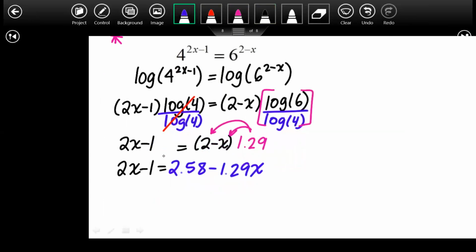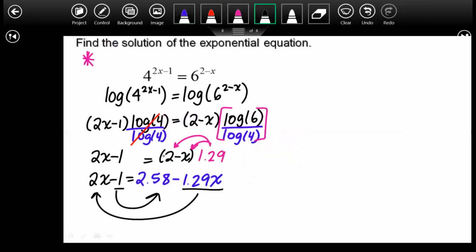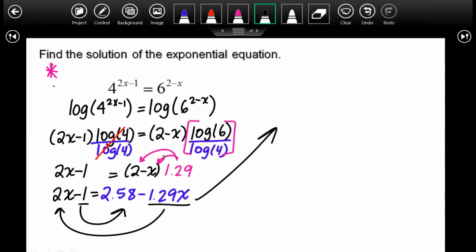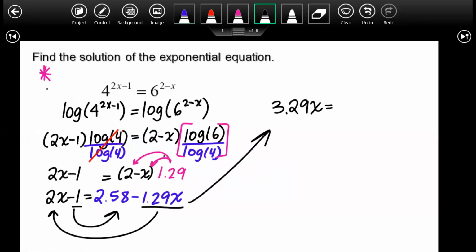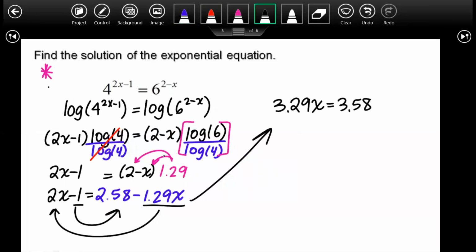I'm going to move all in one fell swoop. I'm going to bring my x's to one side, my 1's to the other side, just so we can save some time. So this will give me 3.29x equals 3.58, and then just dividing out.